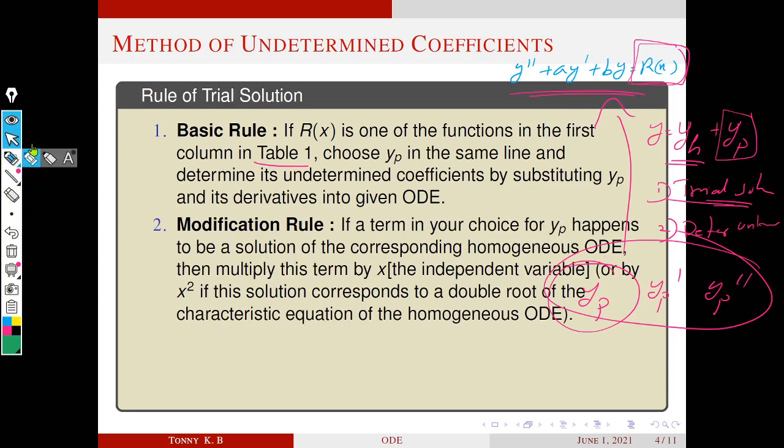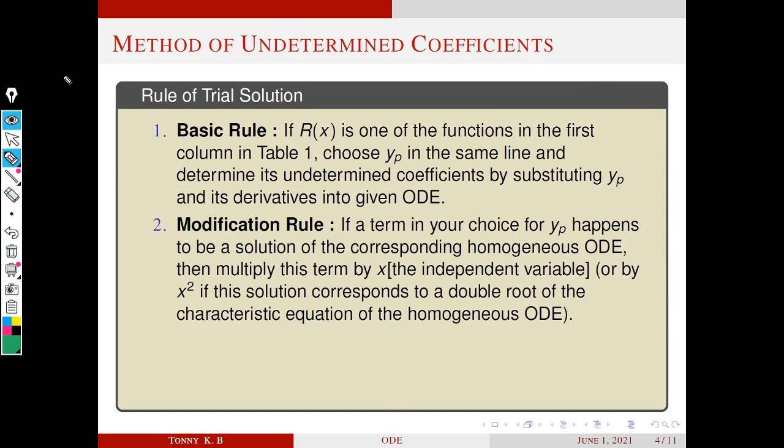Then it has one more rule, one modified rule, that is this one. Second one is a modification rule. The modification rule states that if a term in your choice for yp happens to be a solution of the corresponding homogeneous ODE, okay, already we have a solution of the corresponding homogeneous ODE, that is our yh, complementary part, then multiply this term by x.